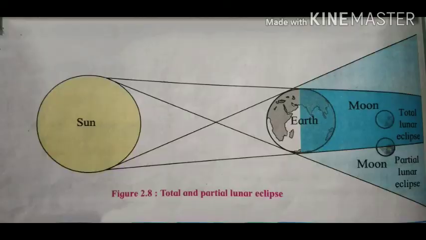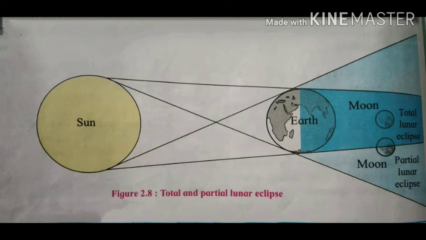Now, second one is lunar eclipse. A lunar eclipse occurs when the moon enters the shadow of the earth while revolving around it. At that time, the earth is between the sun and the moon, and all three of them are in the same plane.